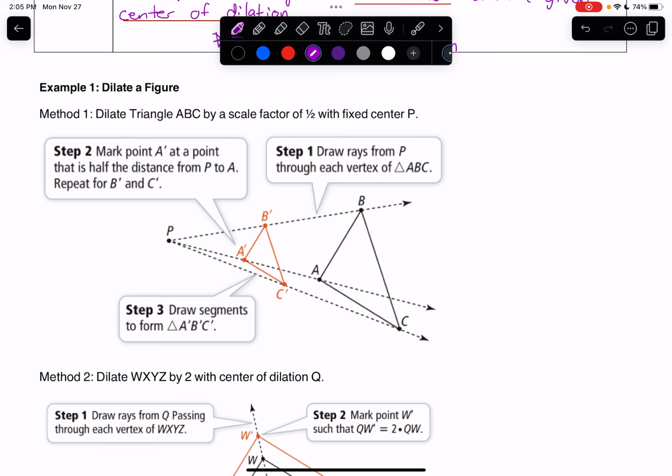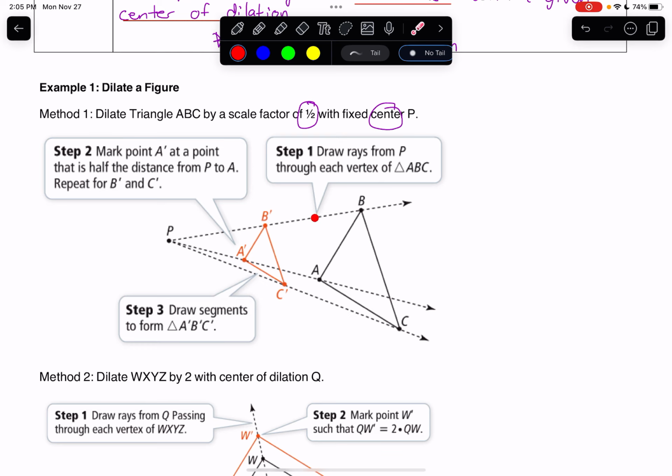If we were going to take this shape, the pre-image, which is ABC, and it says dilate triangle ABC by a scale factor of 1/2. If our scale factor is less than 1, our shape is going to get smaller with fixed center P. So the center of dilation is P. What that means is the distance from every point in the first shape, in the pre-image, to P is going to get cut in half.